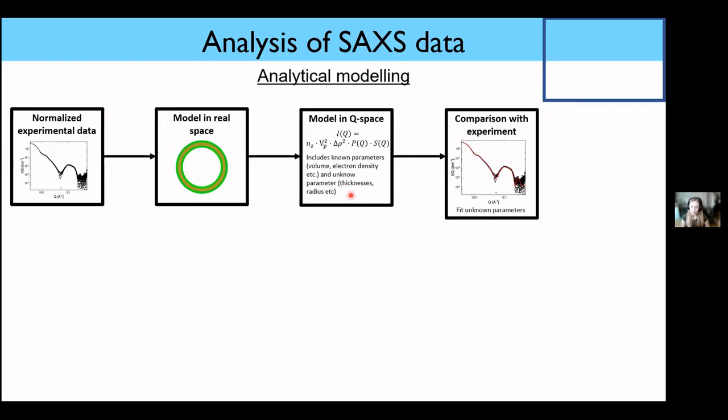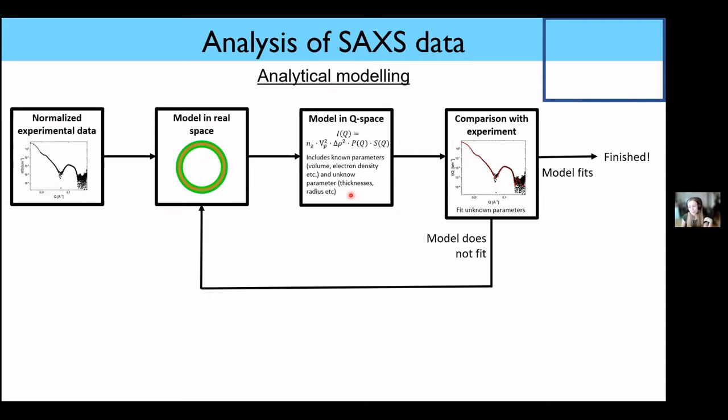So if your model of choice actually matches the experimental data within, of course, reasonable physical parameters, which you have to make sure of, that you're not fitting it to nonsense parameters, then you're all good, and you have your structure and you can publish the data. However, if it doesn't fit your experimental data, then you have to go back and reformulate your model.